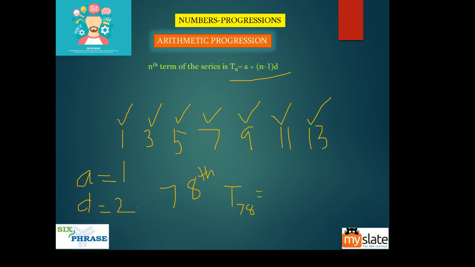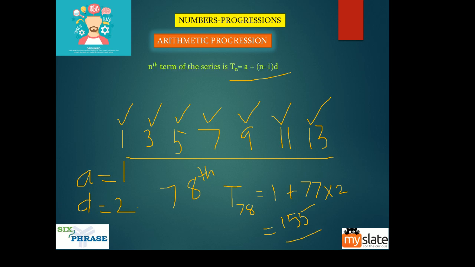So the 78th term is A plus (n minus 1) into D. A is 1, plus 78 minus 1, which is 77, into D, which is 2. 77 into 2 is 154, plus 1 is 155. So the 78th term will be 155.